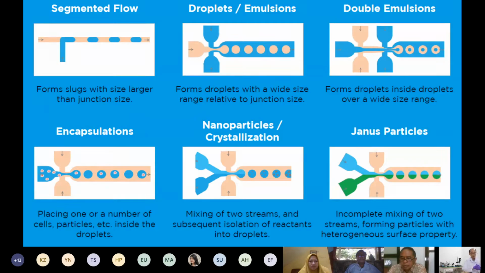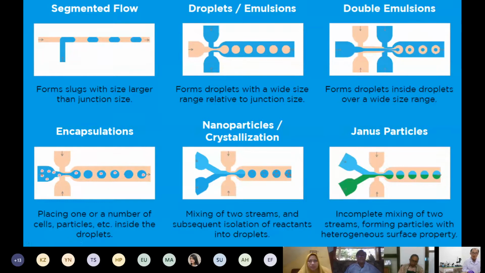Here is a summary of the methods to form droplets. Basically, we can make droplets using the T-junction to form slugs with a size larger than the junction size. Or we can make emulsion droplets using the X-junction to form droplets with a wide size range relative to the junction size. Or we can make a double emulsion by applying two chips.